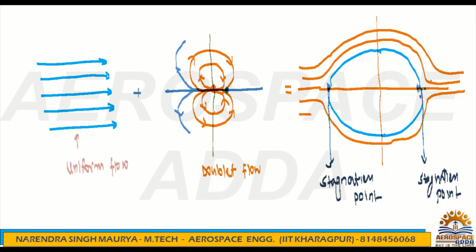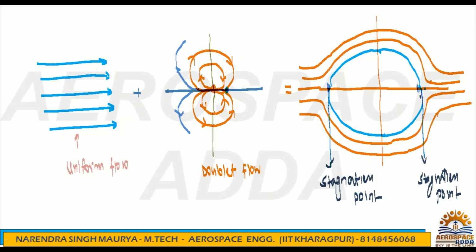The flow will be continuous like this. So here this surface, the blue one, will be treated like a solid surface. But it doesn't mean it's a solid surface. It's a fluid-made imaginary surface, because inside we have a combination of doublet flow and outside we have uniform flow.